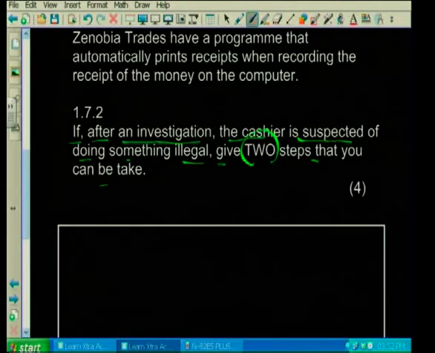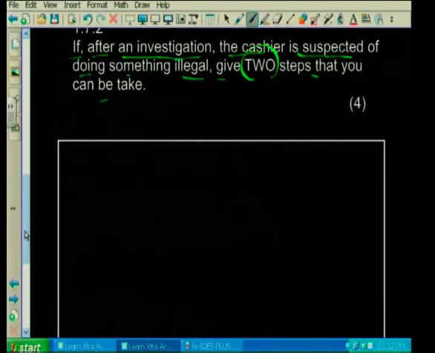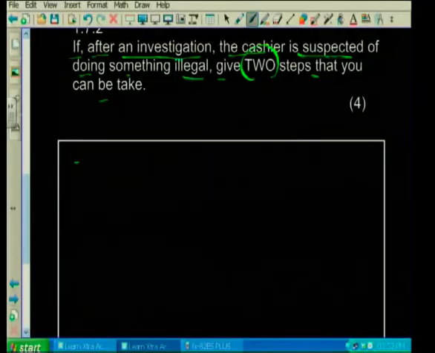Okay, what are we going to do? Obviously, this involves a cashier, it involves embezzlement of funds. So immediately you know that the first thing that needs to be done is that you got to inform management.